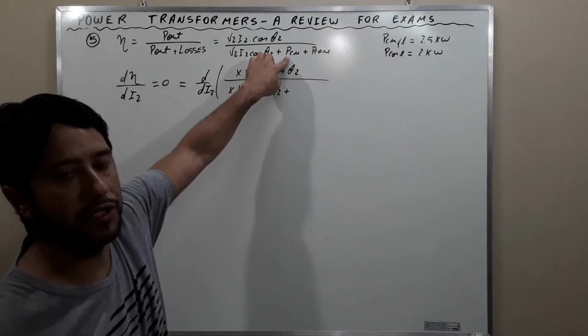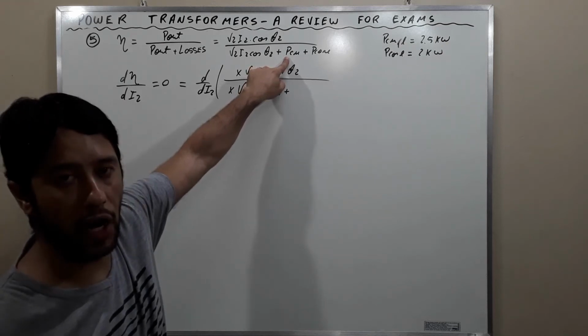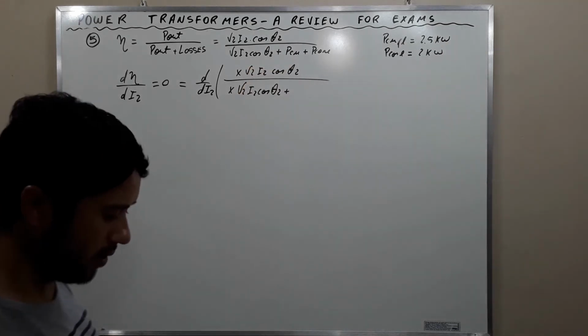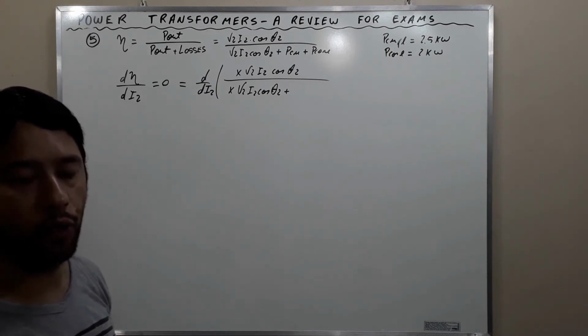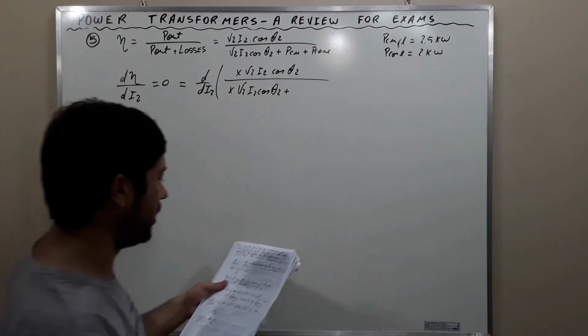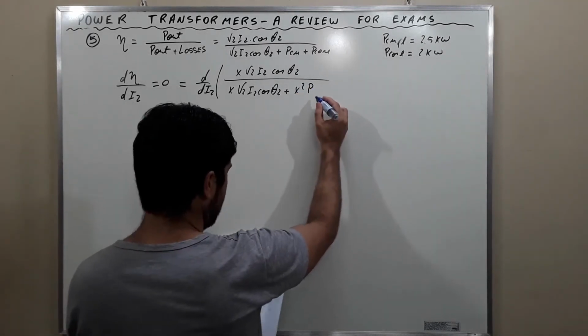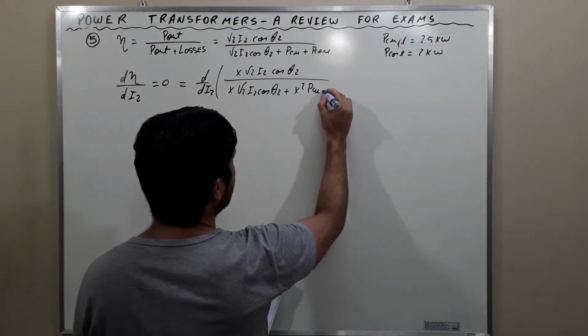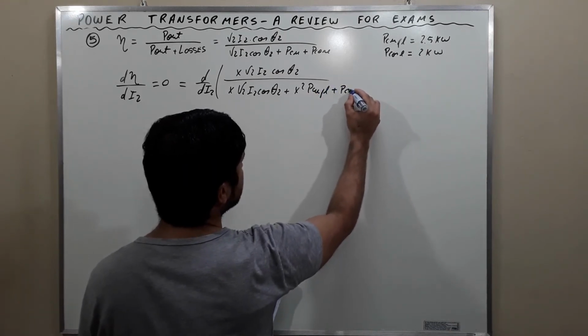The copper losses vary with the square of the output current. Then we write x squared P_cu full load plus the core losses.